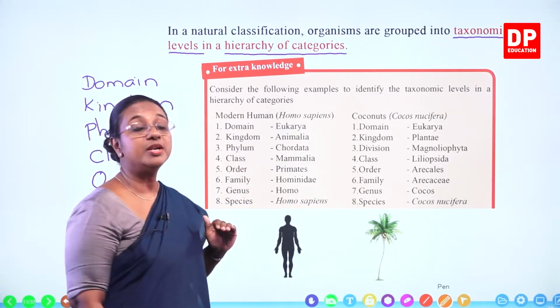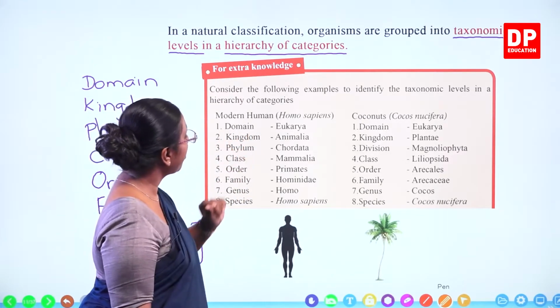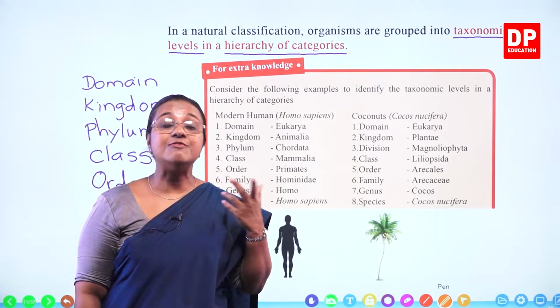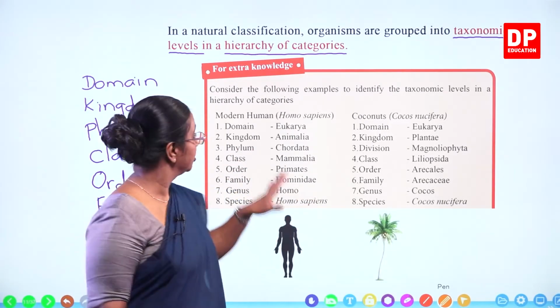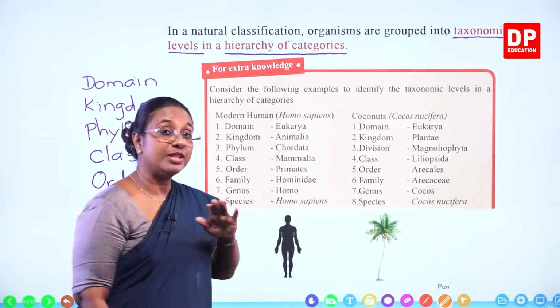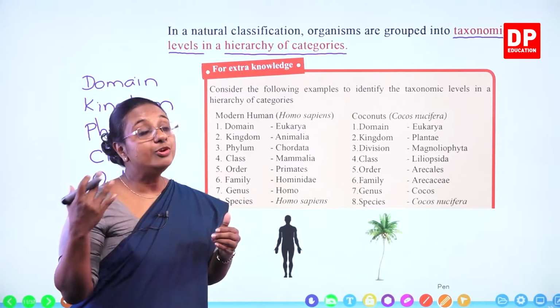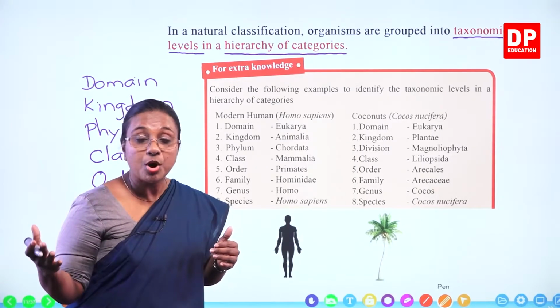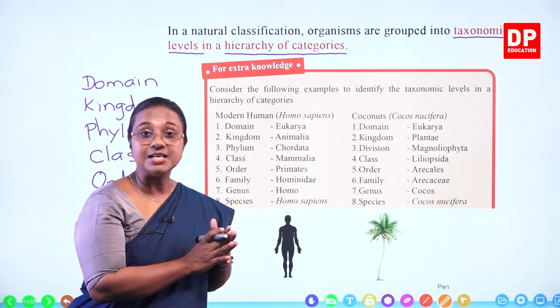One is for modern human, Homo sapiens. When we say modern humans, we are actually the wise man. We are called the wise man because we can think. So we are the modern human. That means there were humans before us also, but they couldn't think like that. They were not modernized like that. So there is a species like that as well.